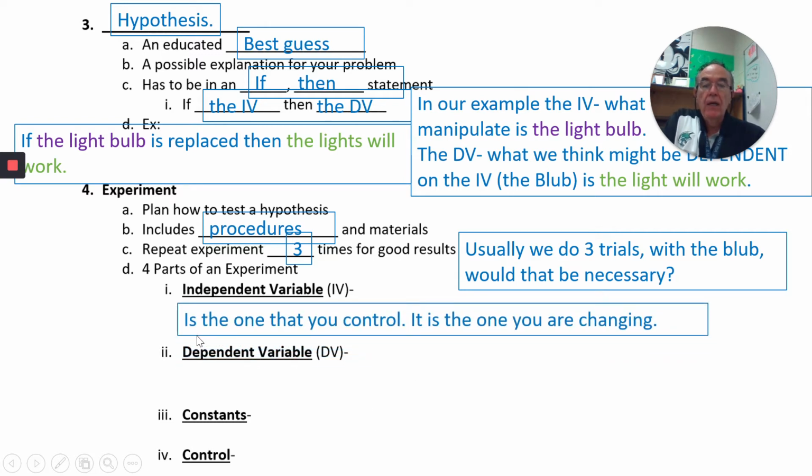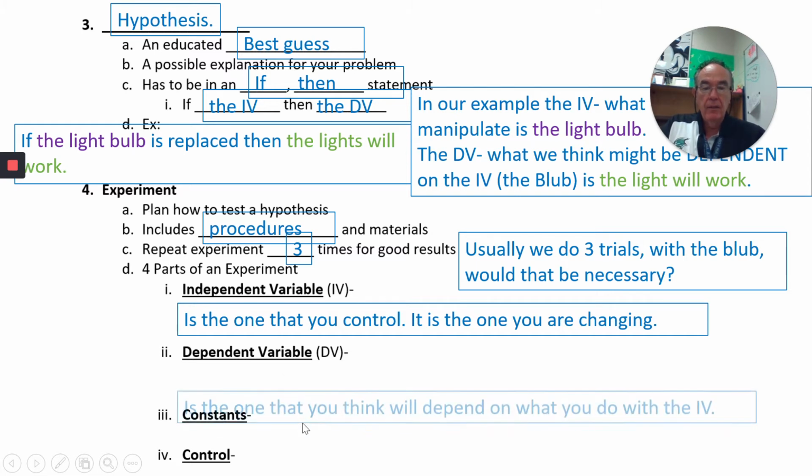So just to review, the independent variable is the one that you control. This is the one that you are changing. So in our example, the independent variable, of course, is the light bulb. That's what we control. That's what we're going to be manipulating. In the other example, what we would control or be able to manipulate would be the amount of fertilizer.